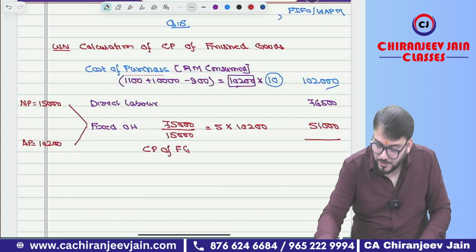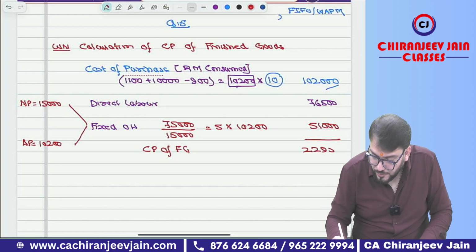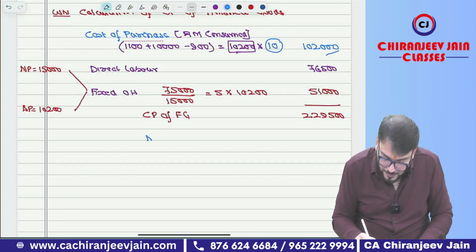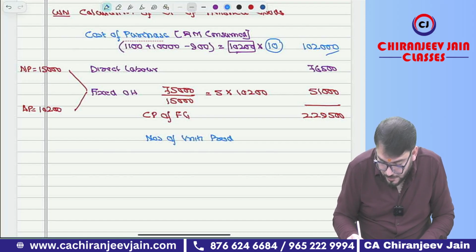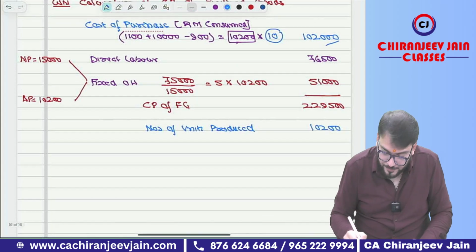This becomes your total cost price of finished goods. That is 1,02,000 plus 76,500 plus 51,000, which is equal to 2,29,500, divided by the number of units produced, that is 10,200.